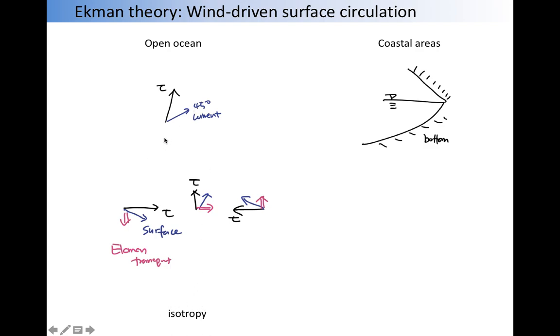That means the wind-driven surface current only depends on the wind direction, but it doesn't matter which direction the wind is blowing, eastward, northward, westward, it doesn't matter for their response. It's not a function of direction. That means isotropy is constant direction.